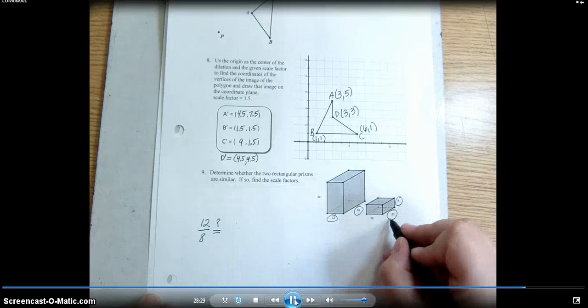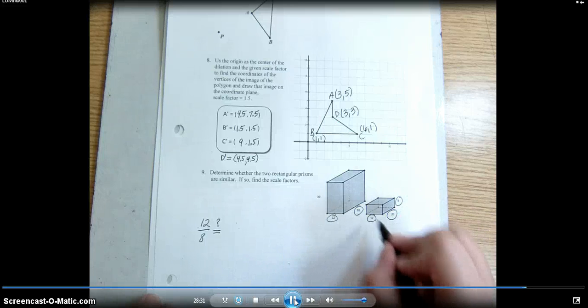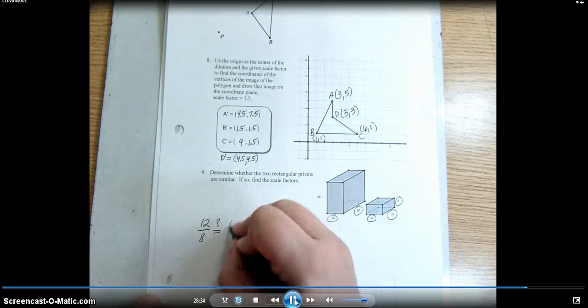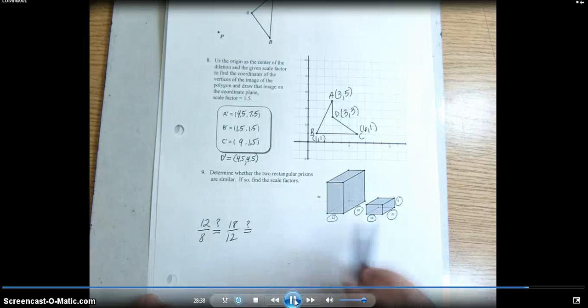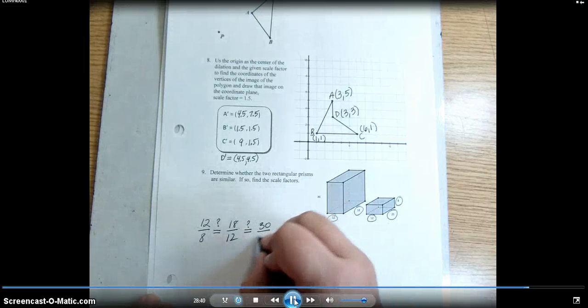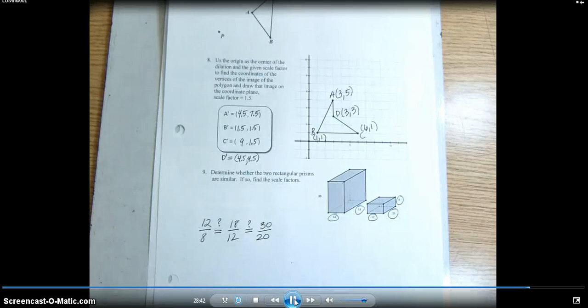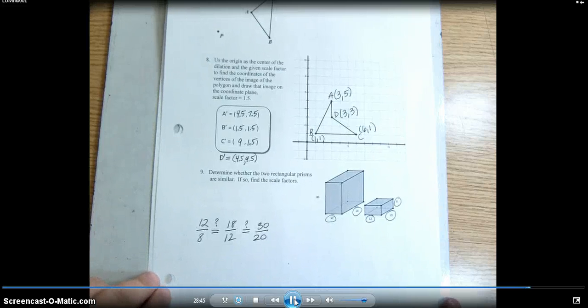The medium over here is 12. So 18 to 12. And see if that's the same as 30 to 20. And the answer is yes, it is. They all reduce to 3 over 2. And so my scale factor is 3 over 2 or 2 over 3.